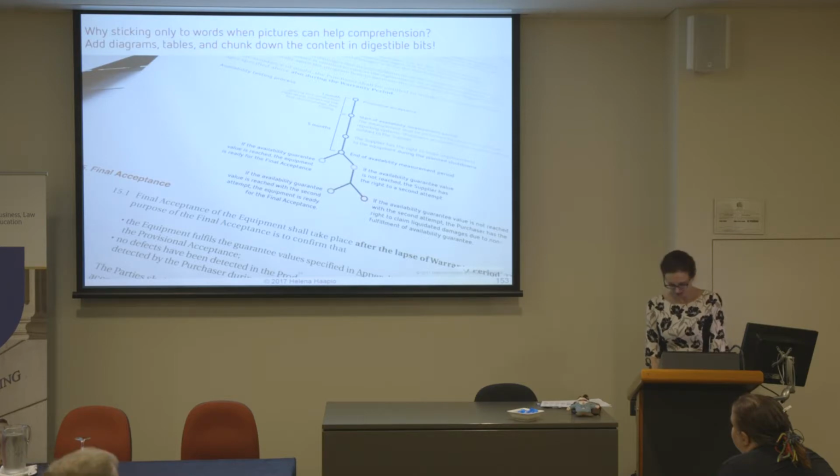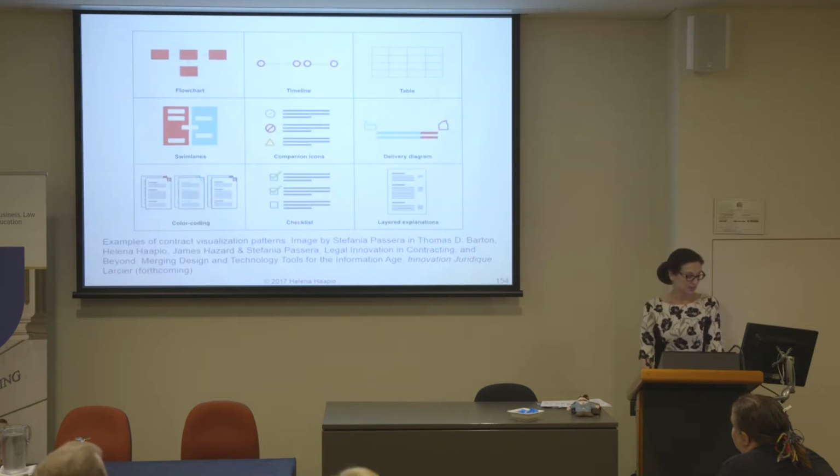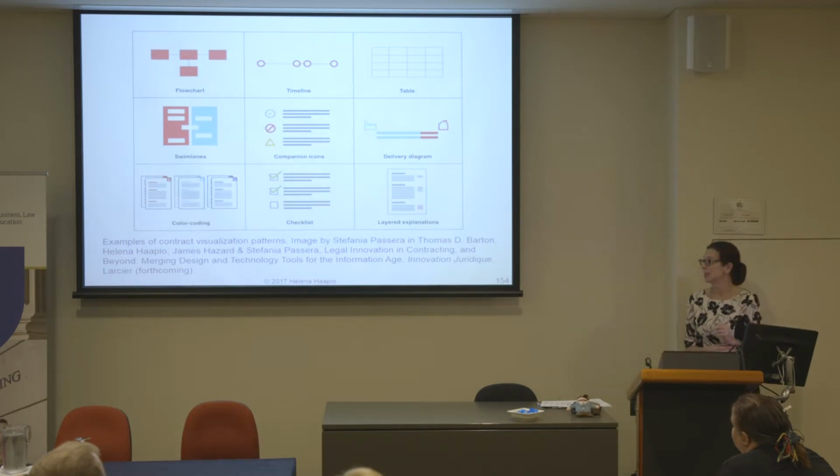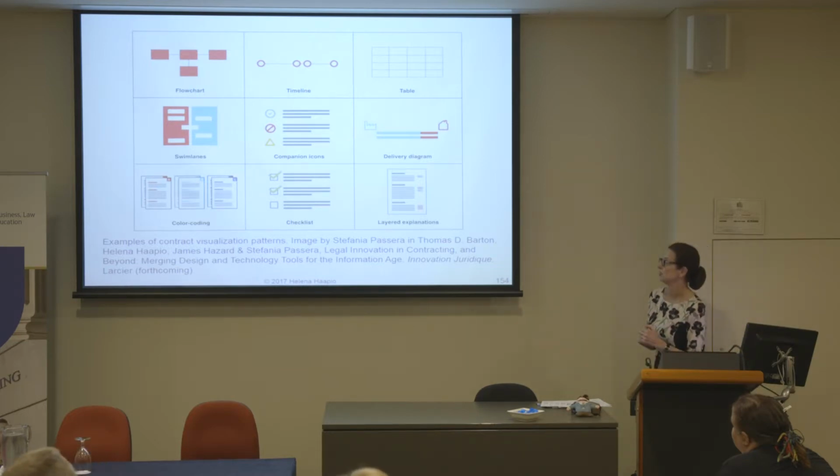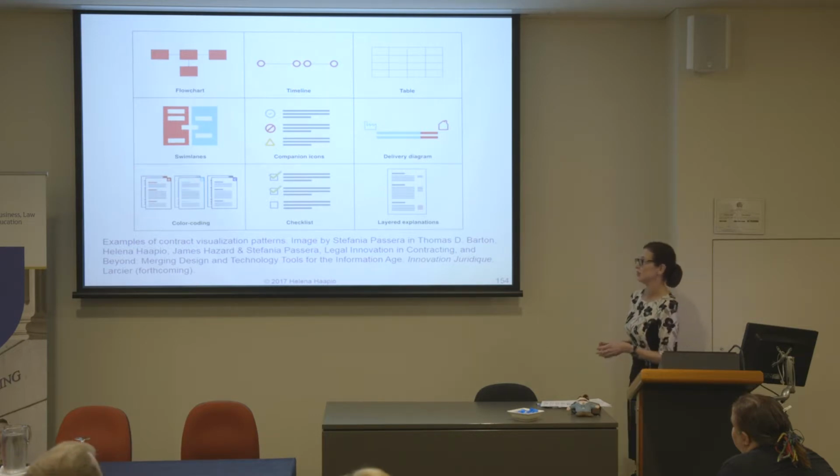What we have done is we have added various ways of explaining the content. And I am a believer in examples, even in contracts, and these just are examples of contract visualization patterns that we have used. Actually inserted them, embedded them in the contracts, supplementing the text or clarifying the text.